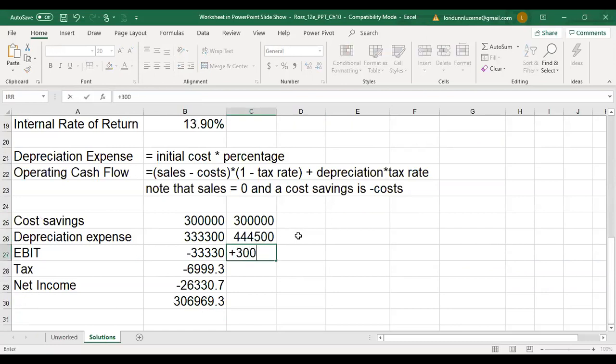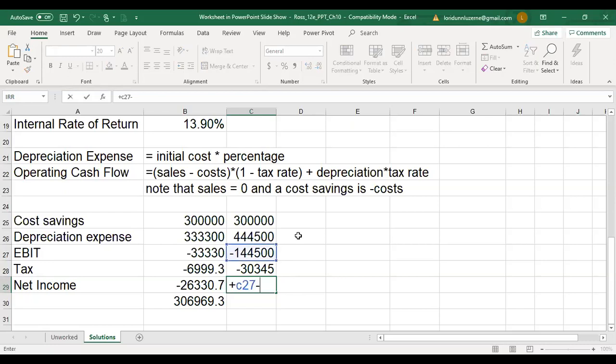So cost savings, 300,000 minus 444,500. Okay, that's actually going to lead me to a loss. Multiply that by 21%. I'm going to have a cost savings from taxes of 30,345. So what's my actual loss?